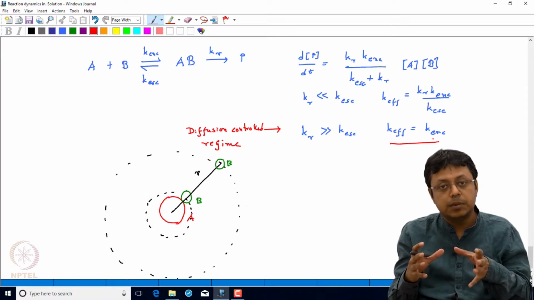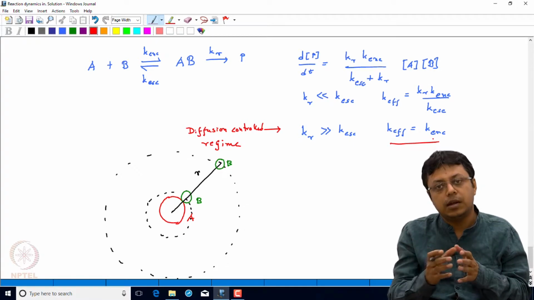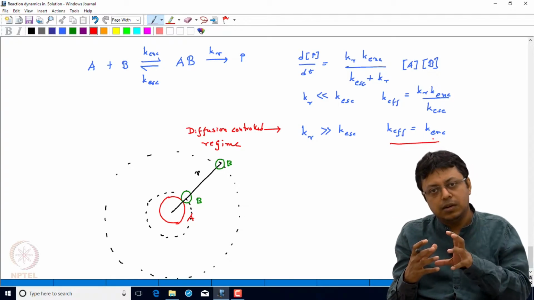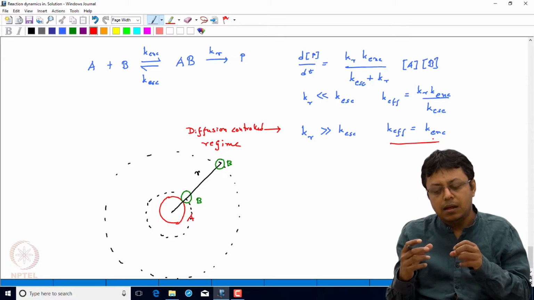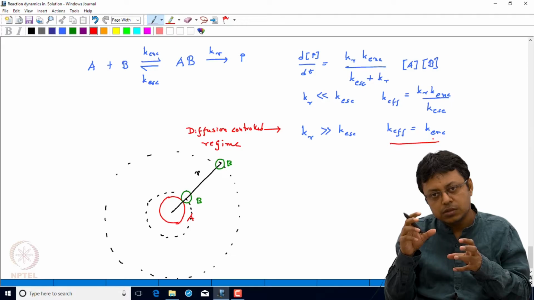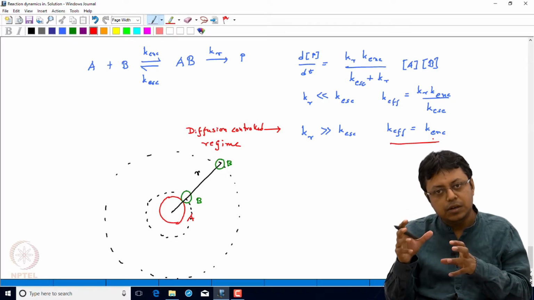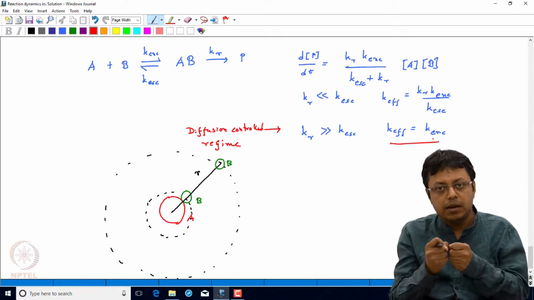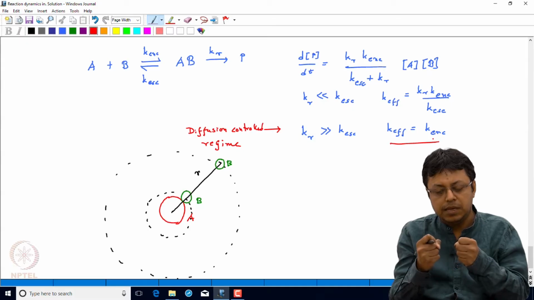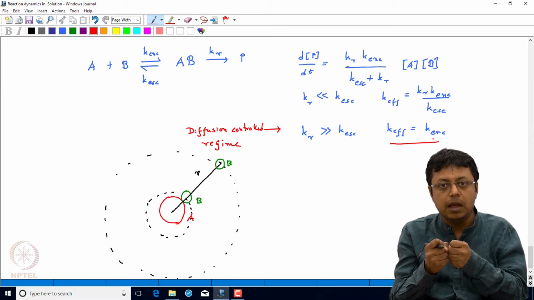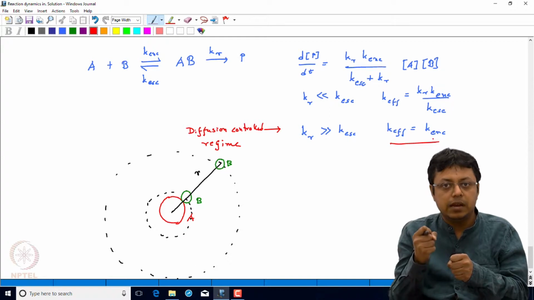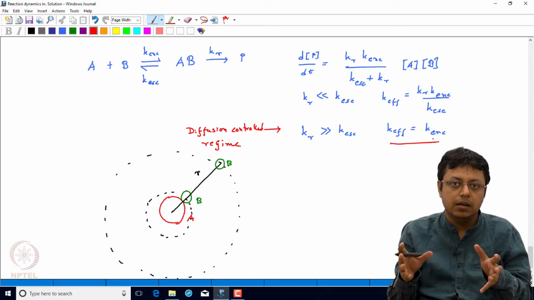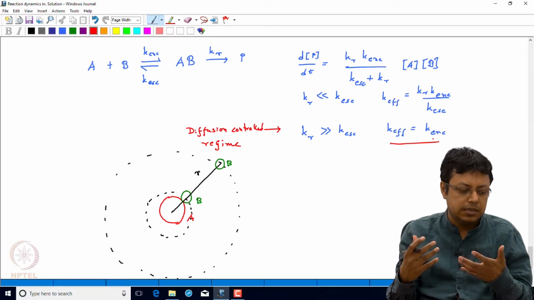Similarly, in this picture it's a relative frame where A is static and B is moving, but you can think the other way, that A is also moving relative to B, which means the concentration of A around B will also deplete, which will create a concentration gradient for A also. But it is the same reaction, because A and B are encountering and the product is being formed, and as a result both concentrations of A and B are depleting. So, since it is the same mechanism, the gradient for A and B you can assume to be identical.